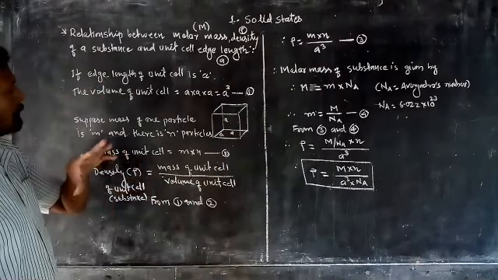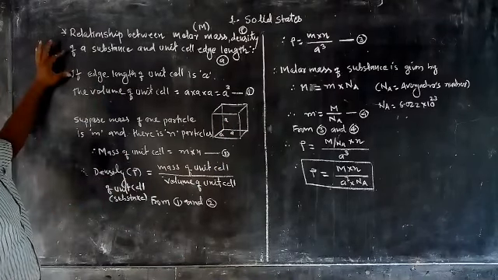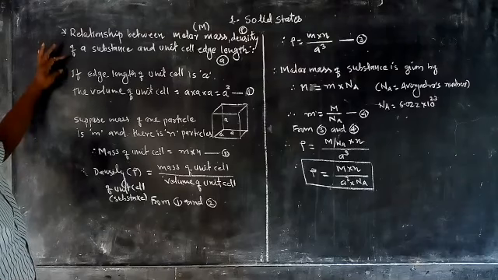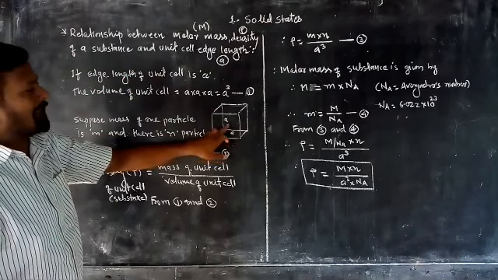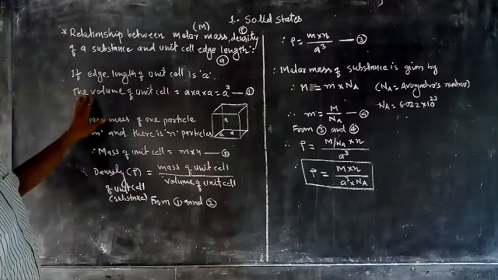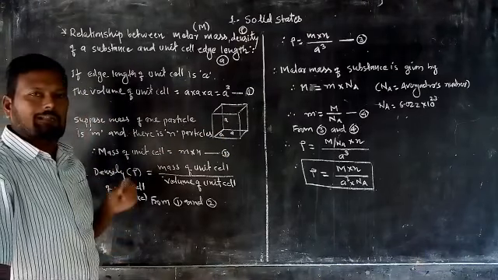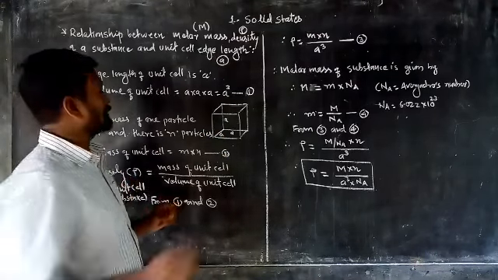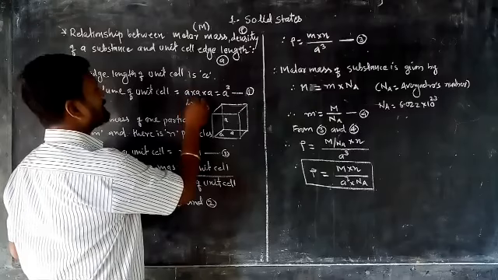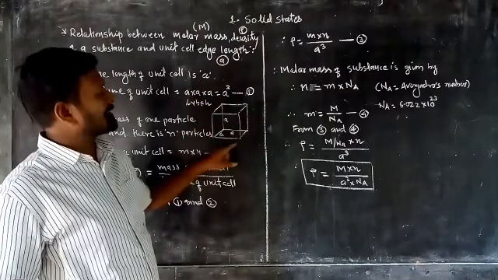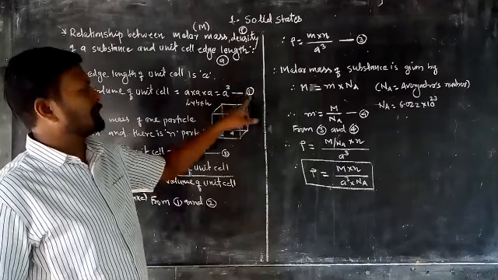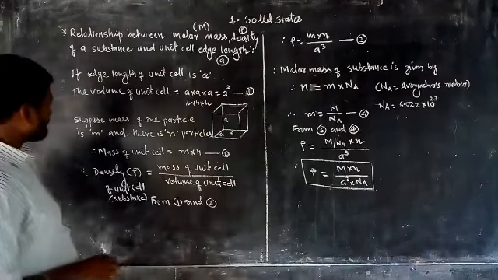Now listen here: for solving this equation we have considered that the edge length of the unit cell is a. This is the unit cell having the edge length a. Therefore volume can be calculated by length into breadth into height. So volume of the complete unit cell is a cube, which is given by number 1.